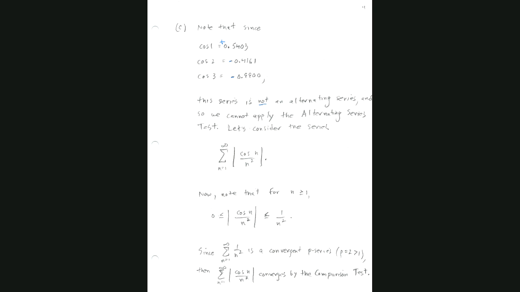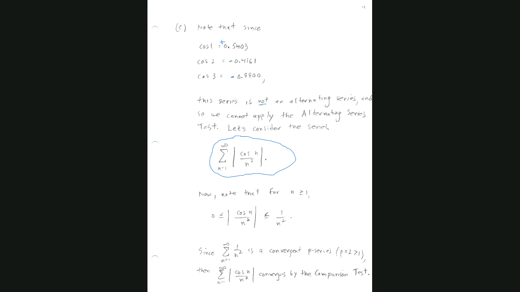So what we're going to do is we want to somehow get the comparison test involved in this problem, because we have that n squared in the denominator, and that reminds us of the p series, a p series where p equals 2. So I'm going to consider the series where n equals 1 to infinity of the absolute value of cosine of n over n squared.